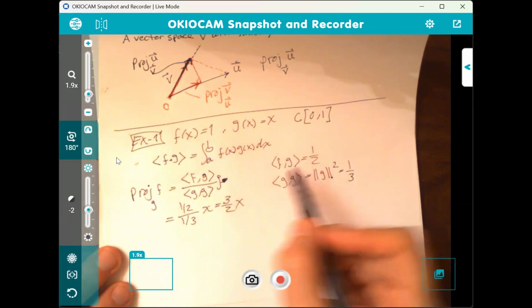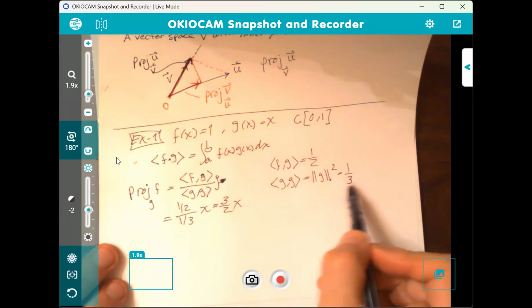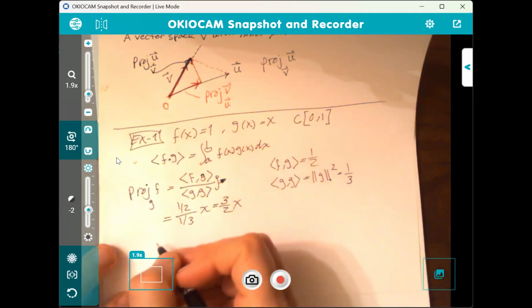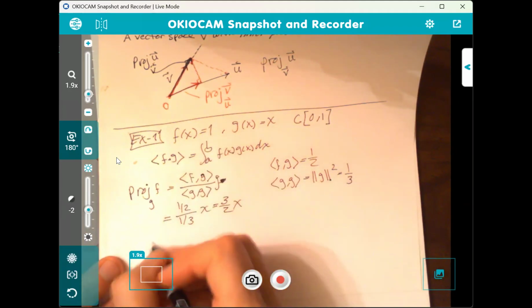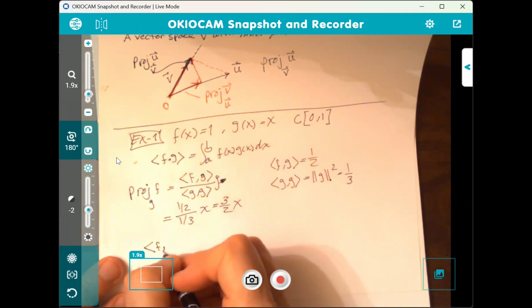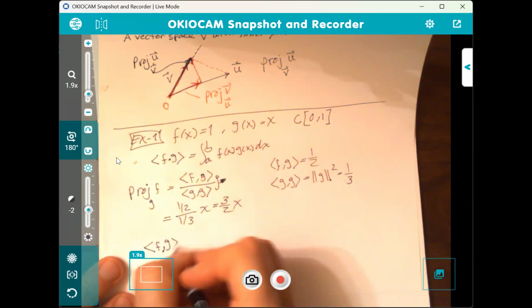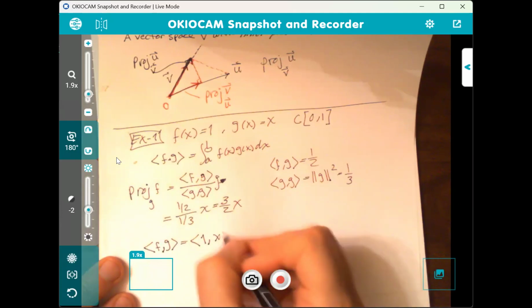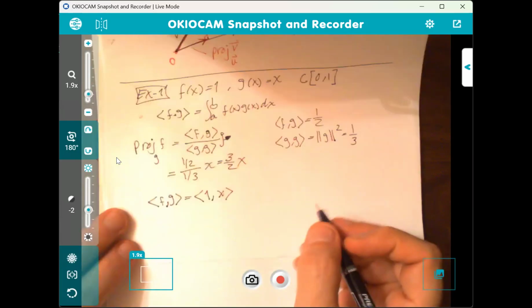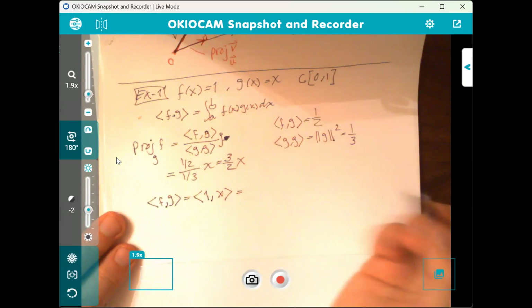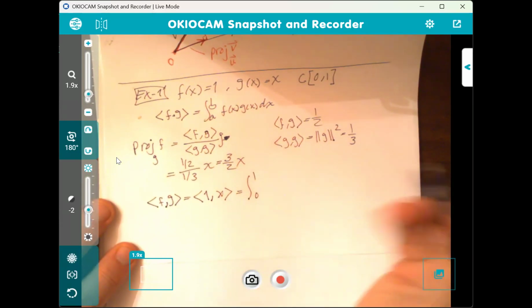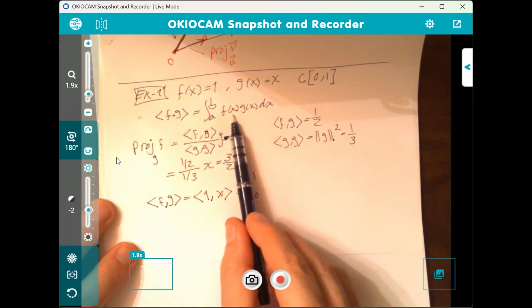Now, you want to see how he is getting this 1/2 and this 1/3, right? Well, f dotted with g. So here's what he's doing. The f comma g means the dot product. That's going to be 1 comma x, right? How is this dot product, inner product defined? That's the integral from 0 to 1 of f of x, g of x.